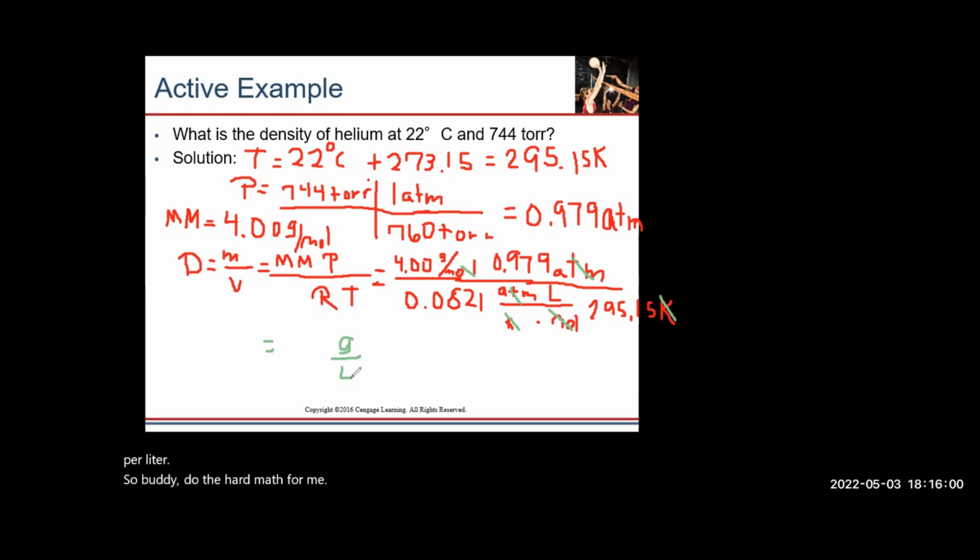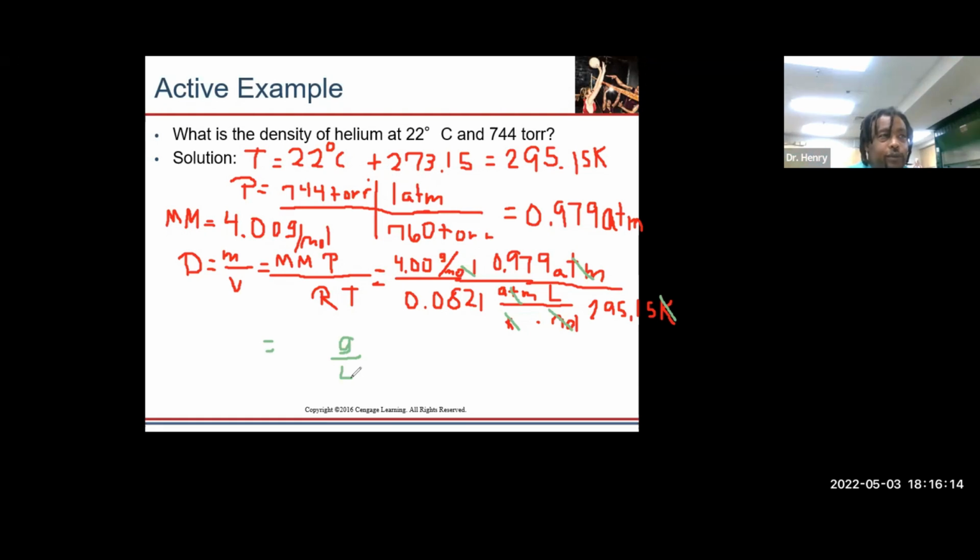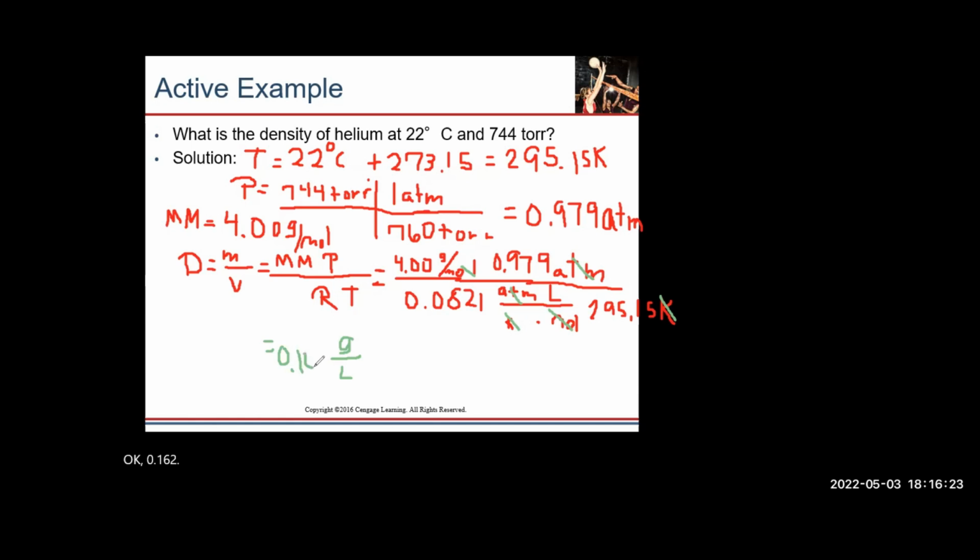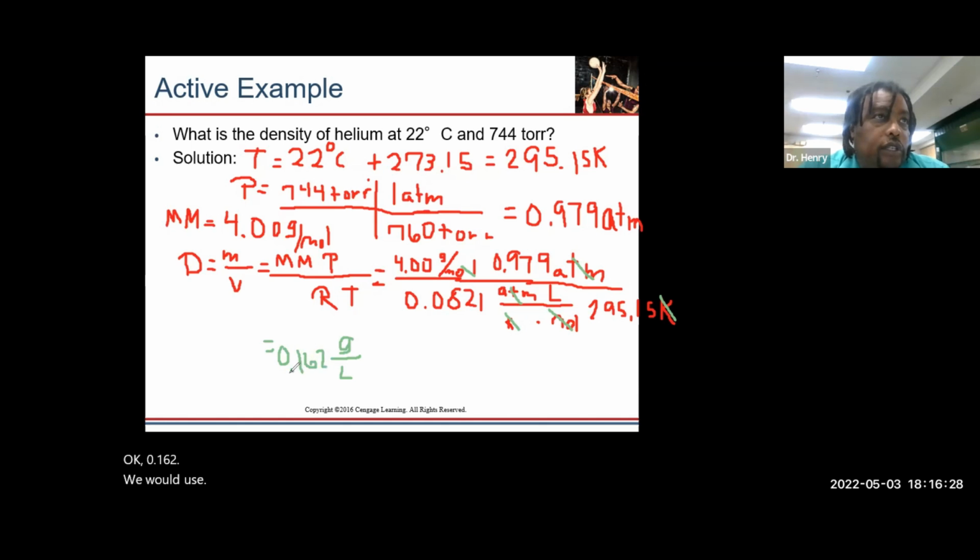I got 0.162. But we would use 3 sig figs, right? Yep. So 0.162.